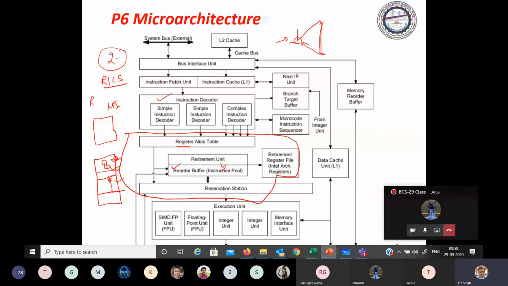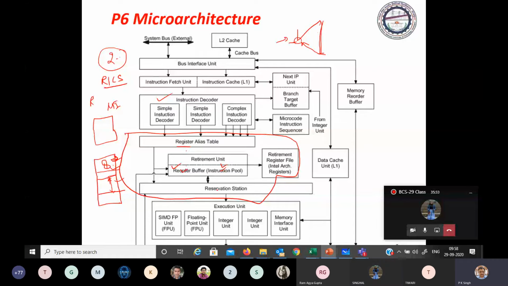So here we have the register alias table. Aliasing means renaming. We rename the register, we tag the register. Tagging is done by the Tomasulo algorithm. Your instruction micro ops reside in this instruction pool.